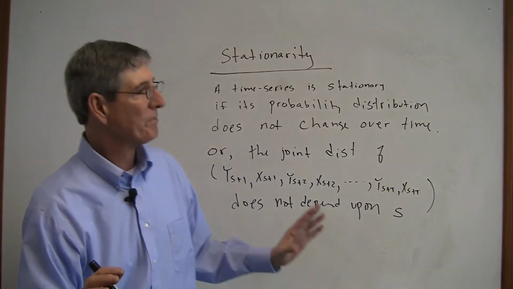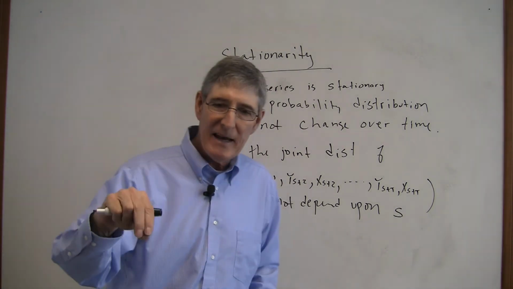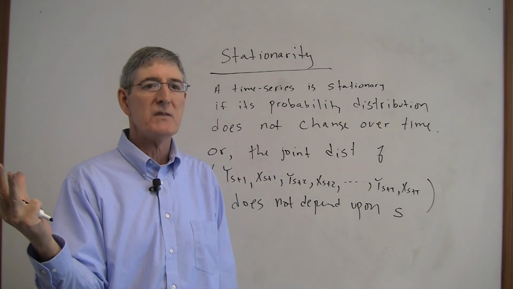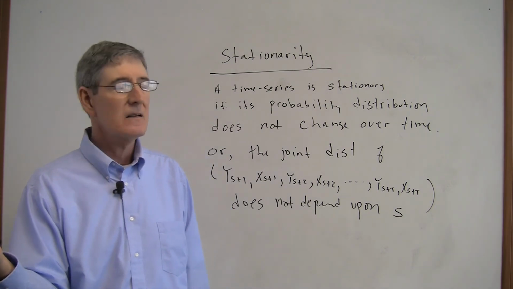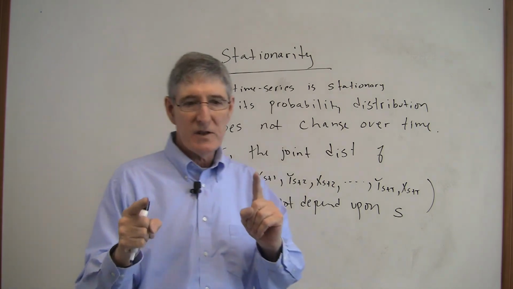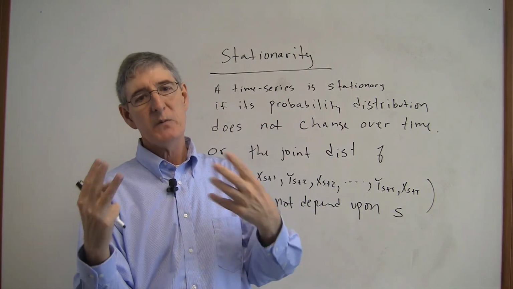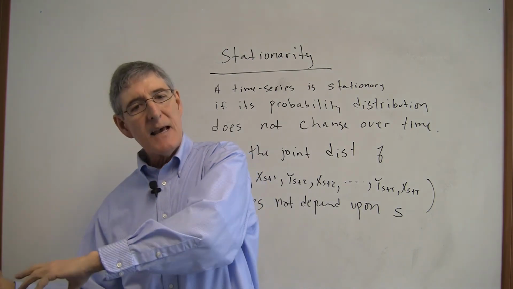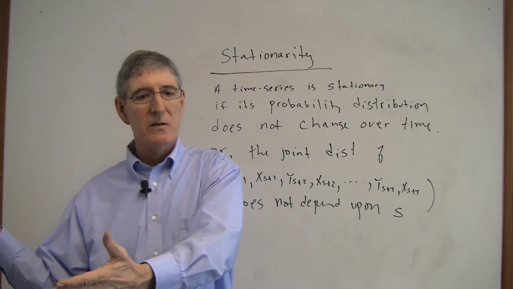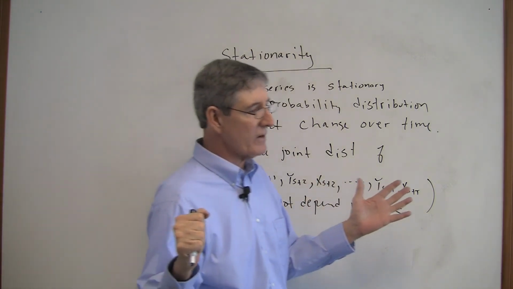All right. Suppose y_t and x_t are correlated and the correlation is 0.67. If I take the correlation at t equals 3 between y and x, it's the same as the correlation for t equals 87. That correlation doesn't change over time.